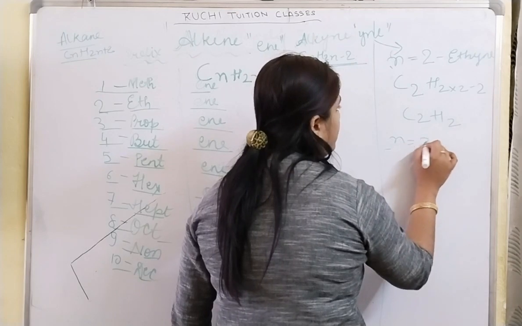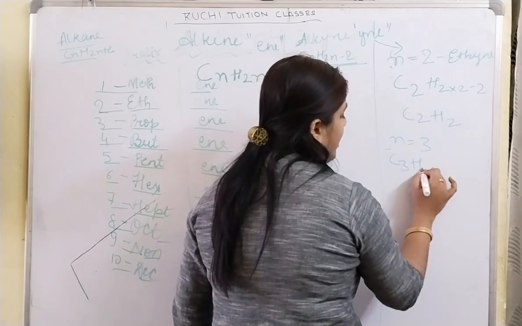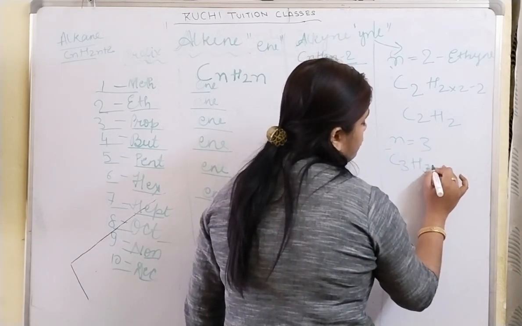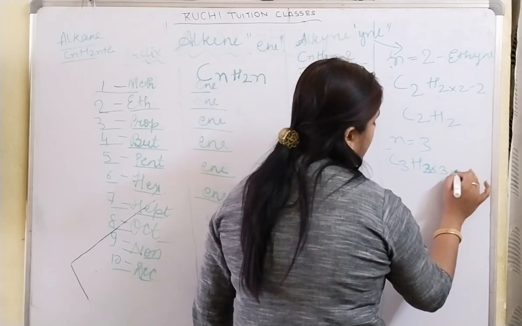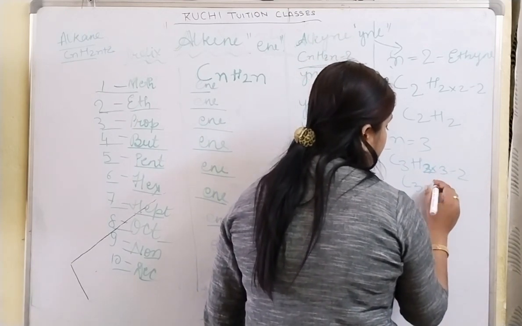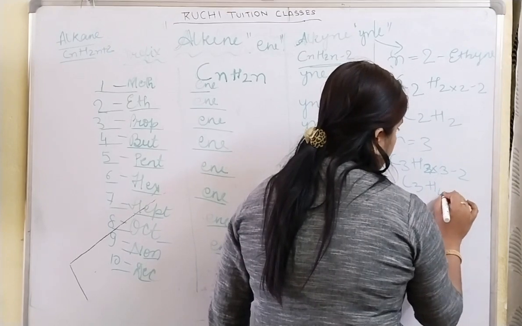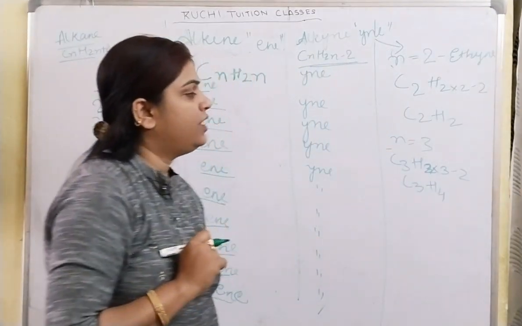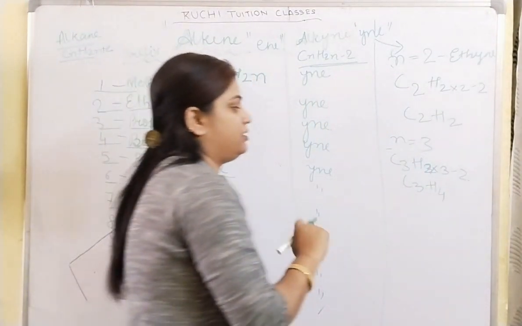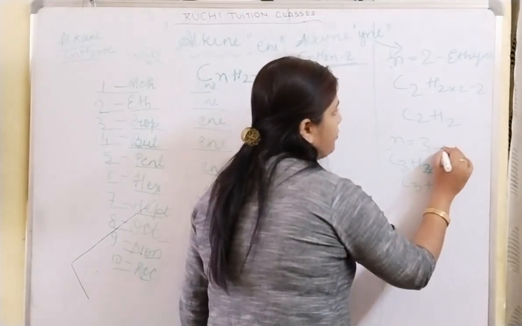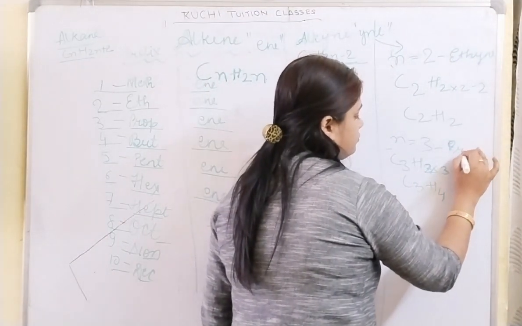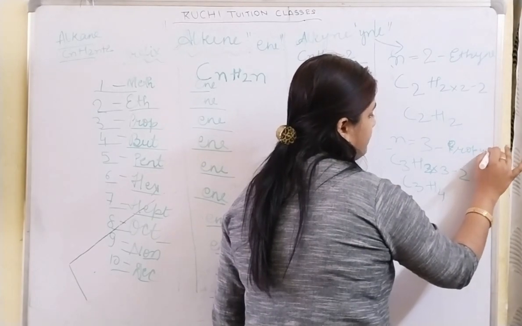N is equal to 3: C3H, 2 into 3 minus 2. That means C3H4. Is it correct? Yes. This is propyne.